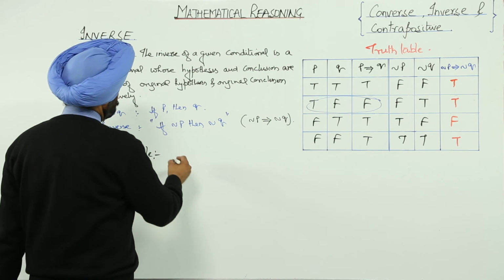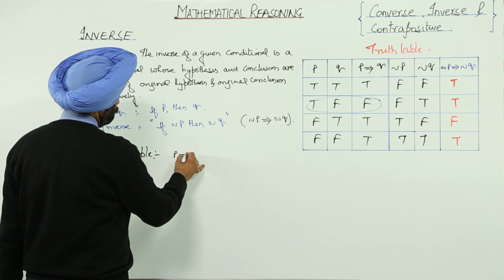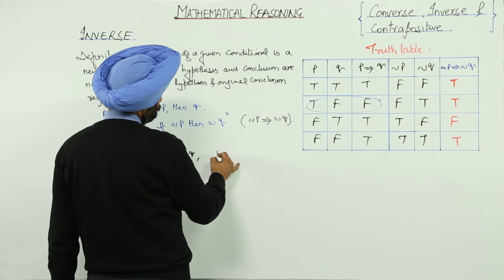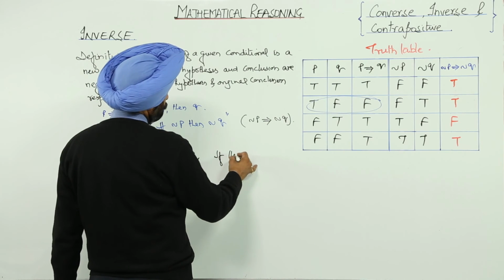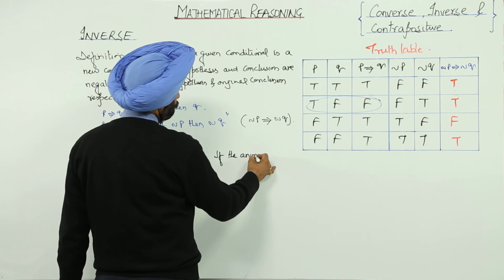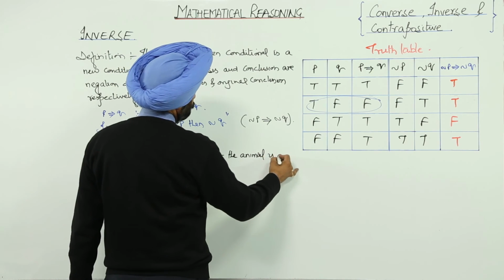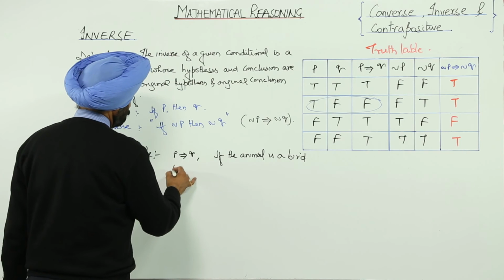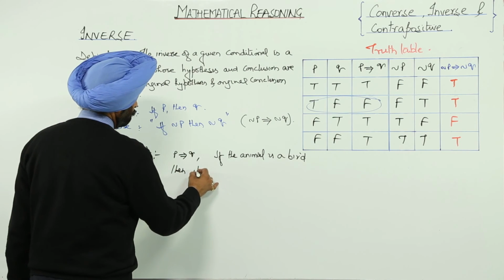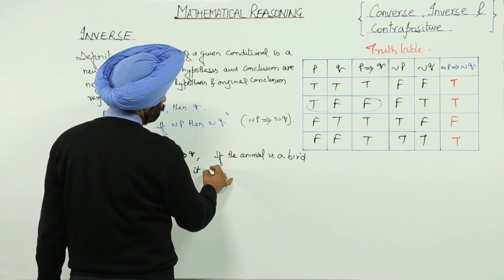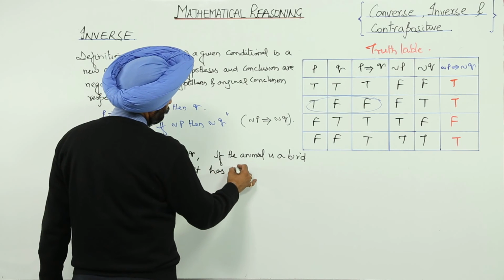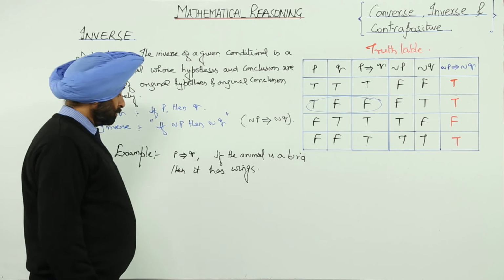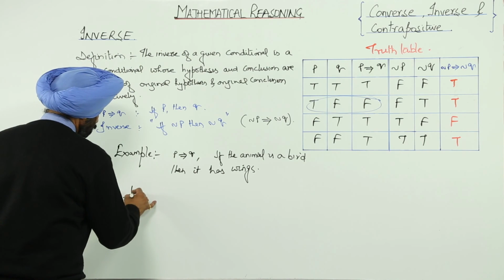Now suppose the statement for P implies Q. Now if the animal is a bird, then it has wings. What the inverse will be?